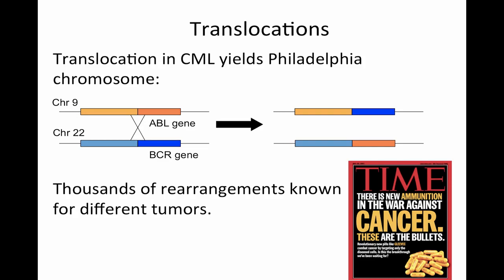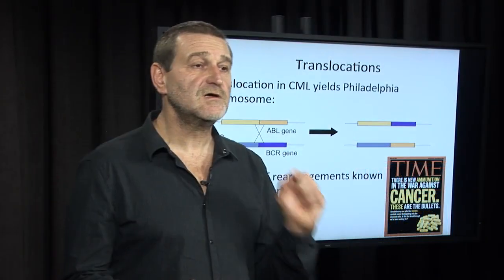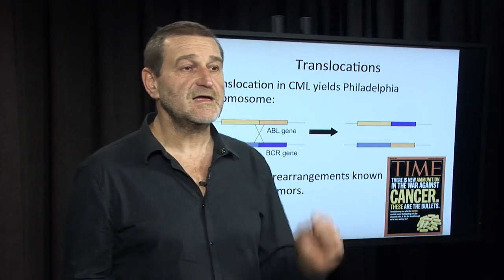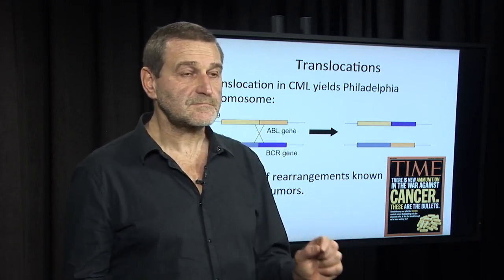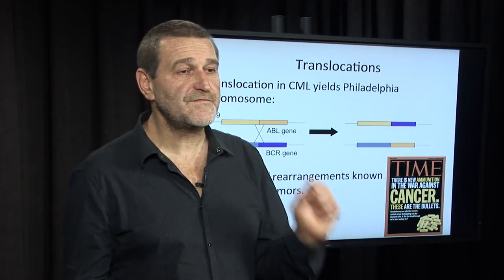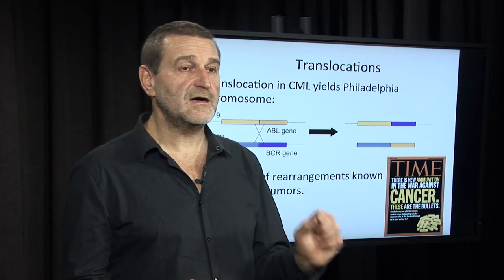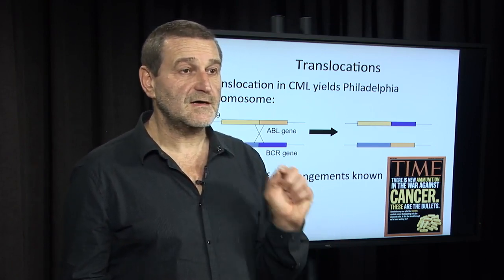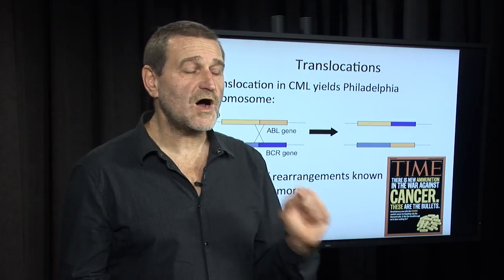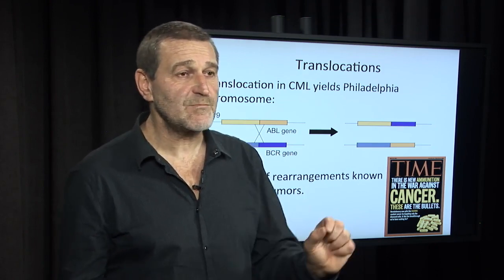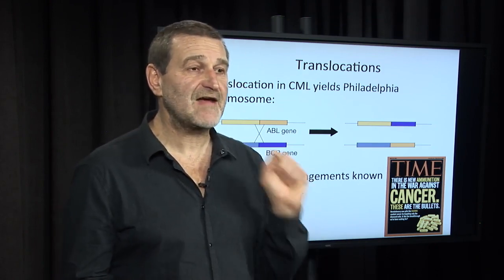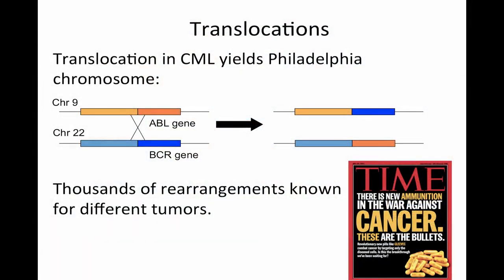Knowledge about these rearrangements is very important for studies of cancer. In particular, since biologists knew how the ABL-BCR fusion gene in CML looks, it enabled development of a very efficient cancer drug called Gleevec.